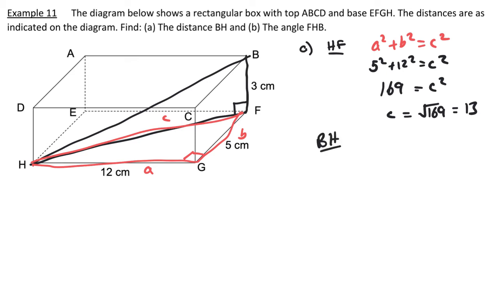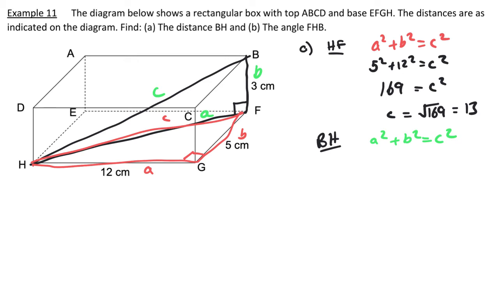Then to work out BH, again we can apply Pythagoras' theorem, only this time the base HF is our A, the height BF is the B, and the diagonal is our C. So A squared plus B squared equals C squared.